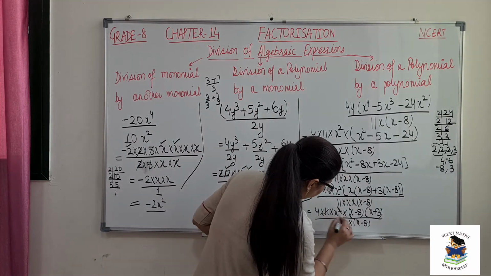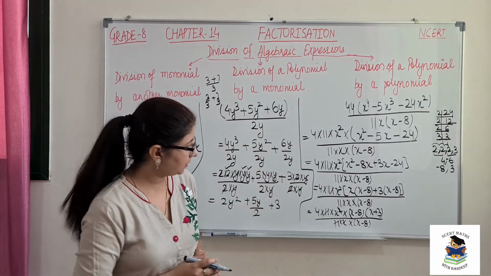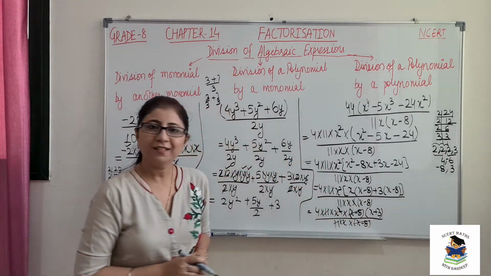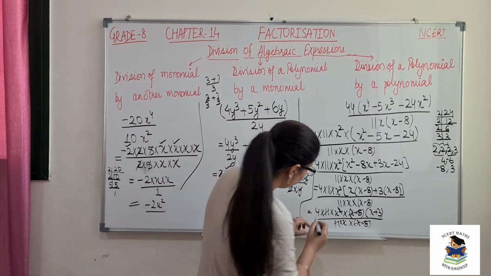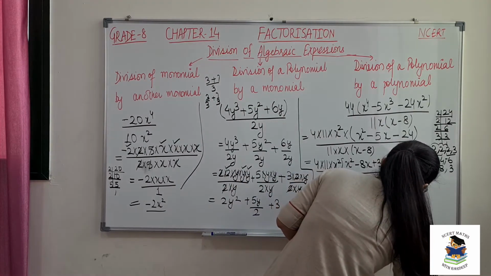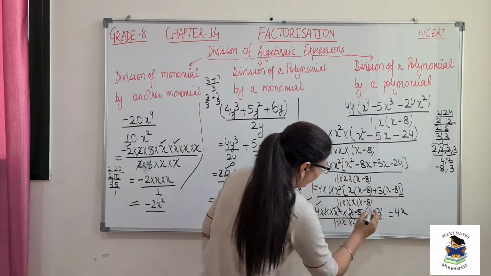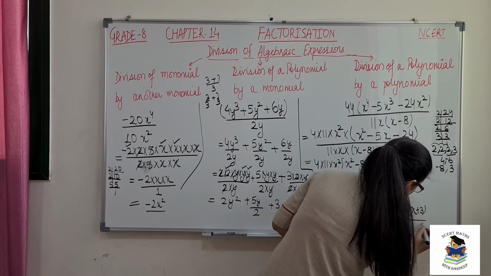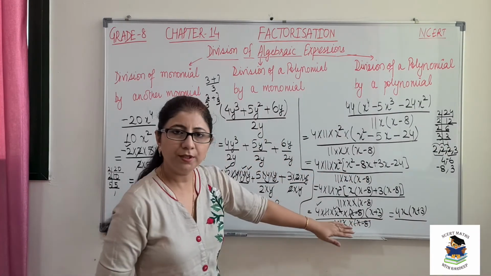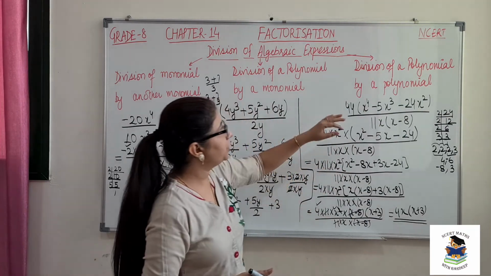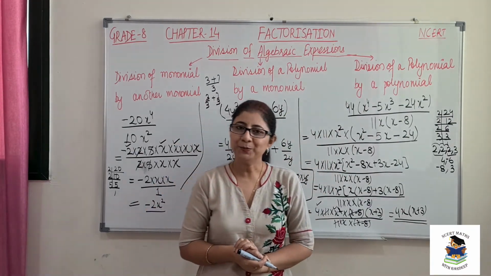This x will be cancelled because we have x square, and this x minus 8 will also be cancelled. So what is left now? 4 is there, x is there, and x plus 3 is also there. In the denominator, everything is cancelled.